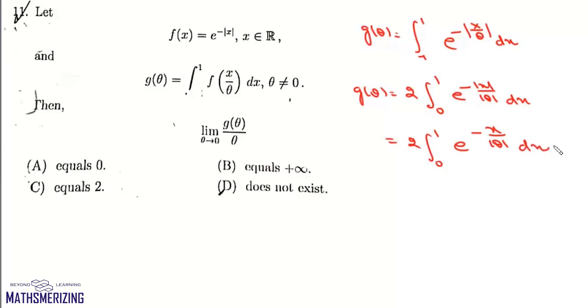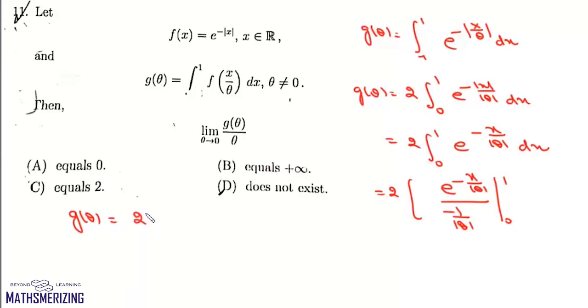Now if we integrate this function, we can write this as e to the power minus x upon mod theta, upon minus 1 upon mod theta, this integral from 0 to 1. So we can write g(theta) as 2 times mod of theta and then 1 minus e to the power minus 1 upon mod theta.